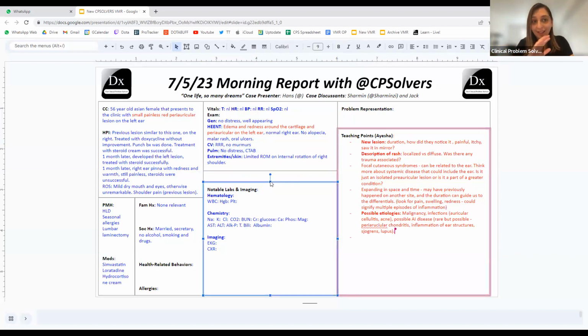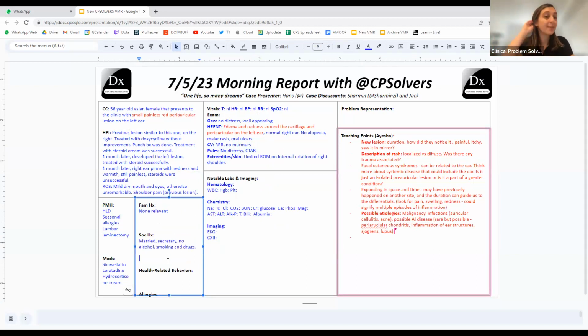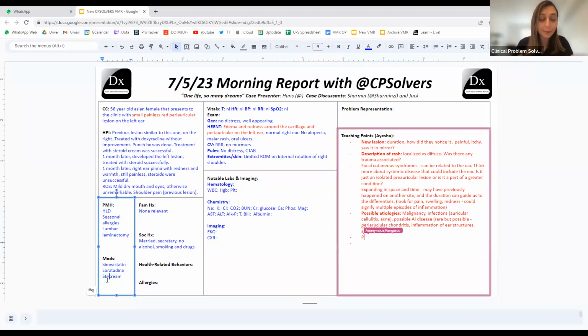I love the thoughtful exam, looking at skin very thoroughly and the joint exams, to see if there are any other signals. The only thing we pick up is potential limited range of motion in the shoulder. So the question is, is that connected, or is that an old injury, or something that the patient has had for a while? Jack, anything else that's jumping out to you?